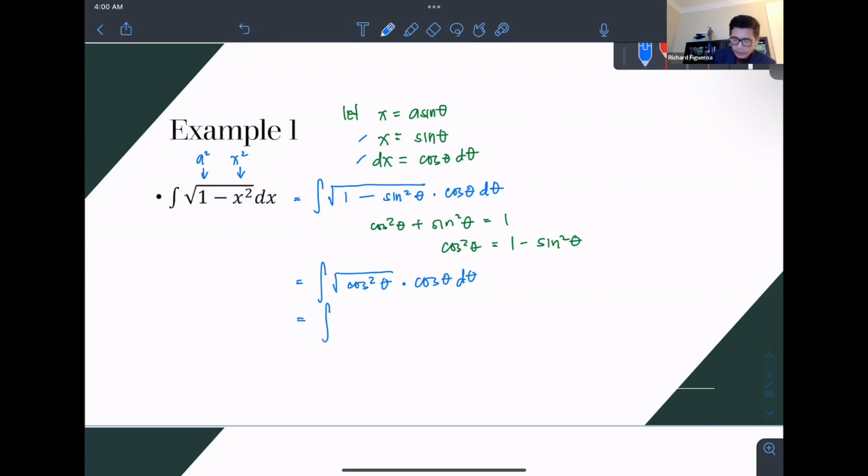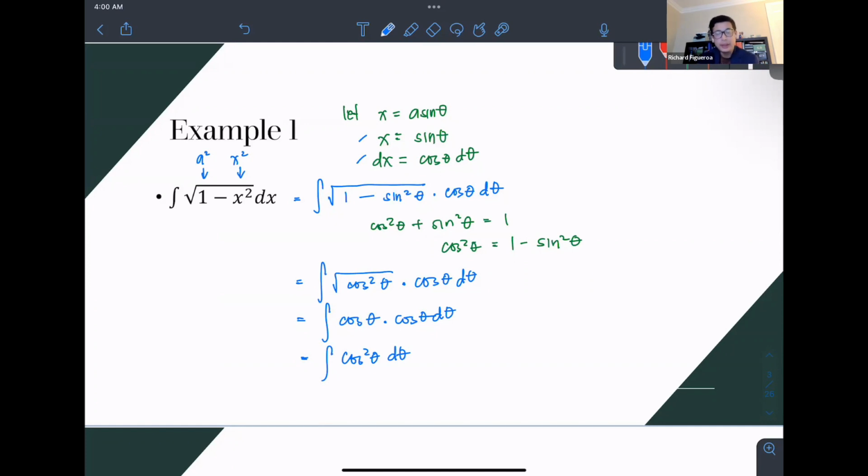The square root of cosine squared theta is cosine theta. Multiplying it with cosine theta d theta, we can combine this as cosine theta times cosine theta, which is cosine squared theta d theta. From here, we can now integrate this.